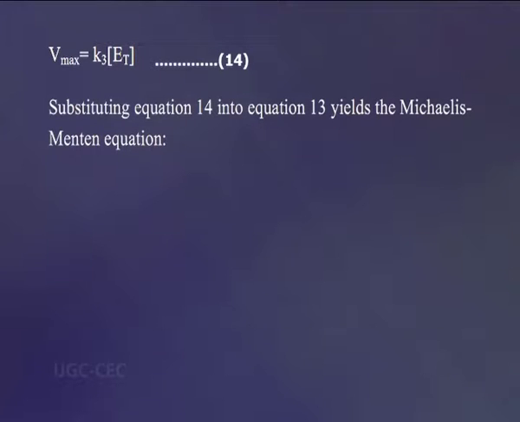Substituting equation 14 into equation 13 yields the Michaelis-Menten equation. V is equal to Vmax S upon S plus Km, equation 15. This equation accounts for the kinetic data given in the figure.